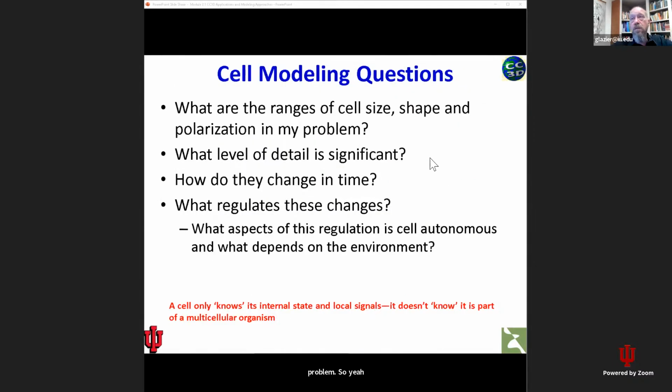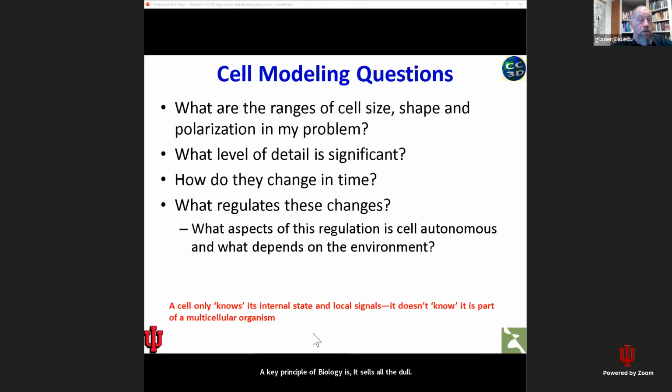So you have to ask questions. Ranges of cell size, shape, polarization. What level of detail do I need? How do they change in time? And critically, if we're going to include them, and they're not going to be static, what regulates those changes? What regulation is cell autonomous depends on the cell, and what regulation depends on how the cell interacts with its environment. A key principle of biology is that cells only know their internal state and local signal.